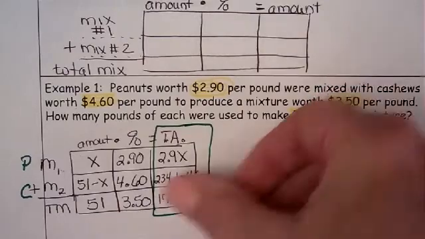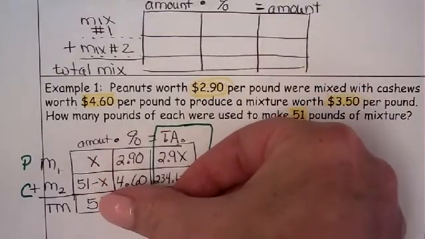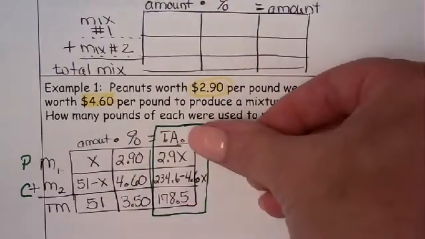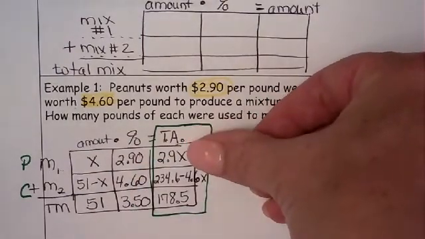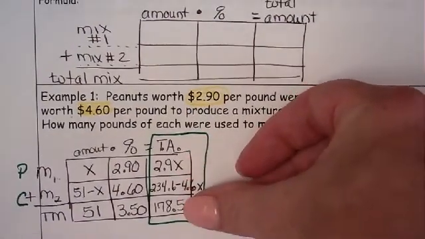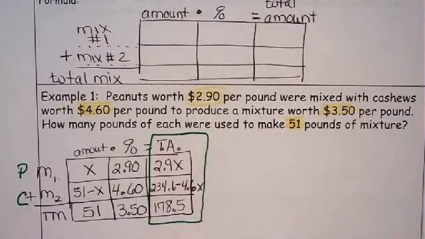Over here we were looking at how many pounds of each. Here we were looking at the cost of it. Here we're looking at the total cost and amounts. So I'm going to add this column together, and that's where I'm going to get my equation from.